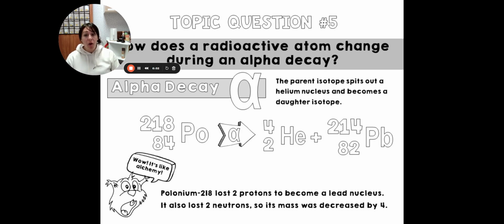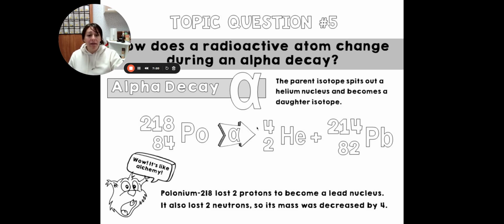So let's see how these things change the atom during the reaction. In alpha decay, the parent isotope is going to spit out that helium nucleus. It's just going to give it away. And the parent isotope, which is polonium in this example, is going to become a daughter isotope, in this case lead. So when polonium lost its 2 protons, it actually became a lighter element.